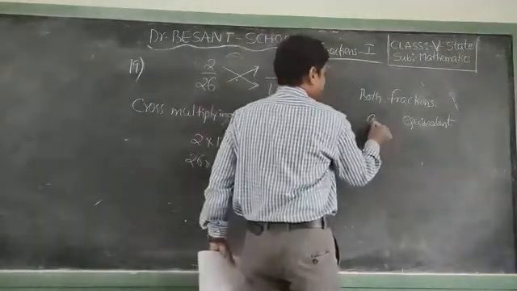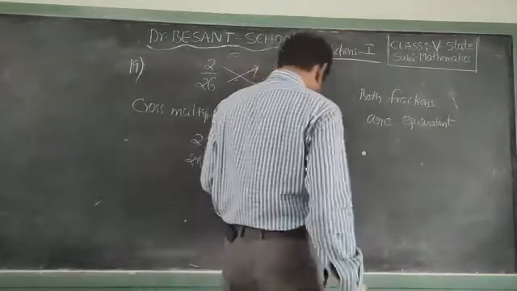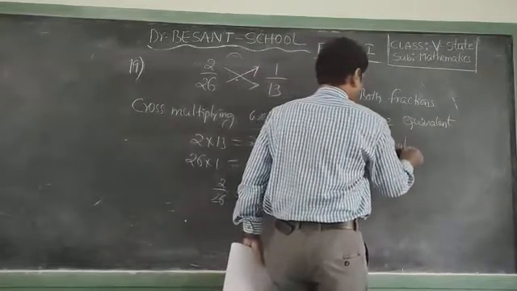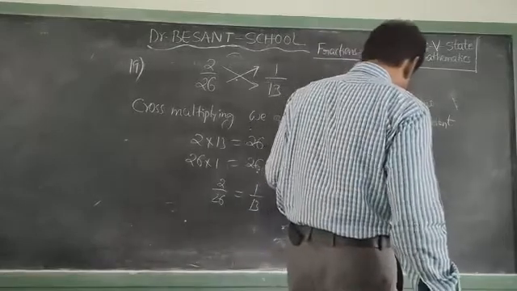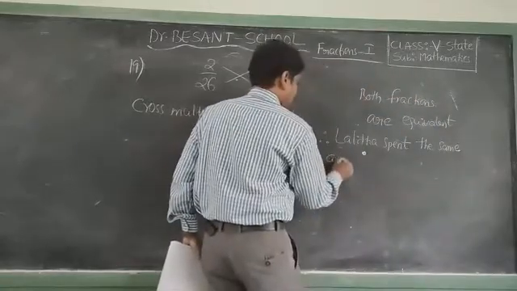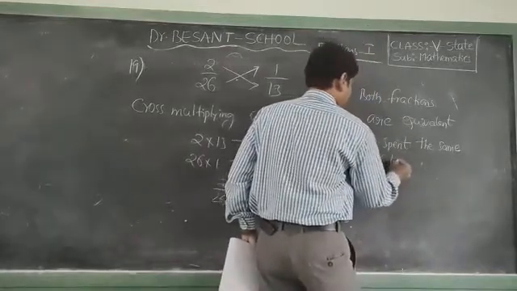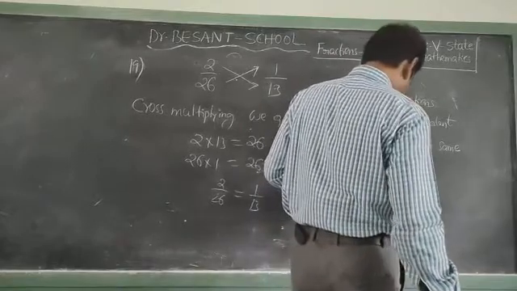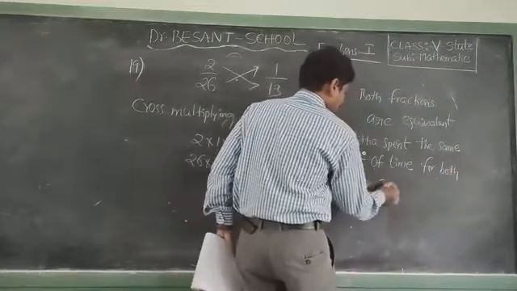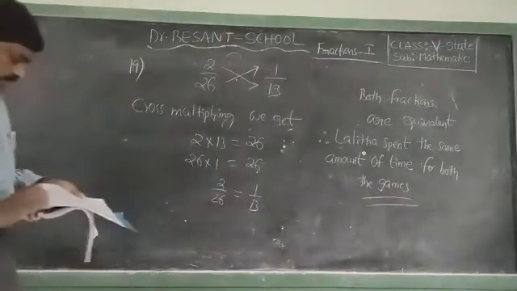Both fractions are equivalent. So, therefore, Lalita spent the same amount of time for both the games. So this is the 19th A solution.